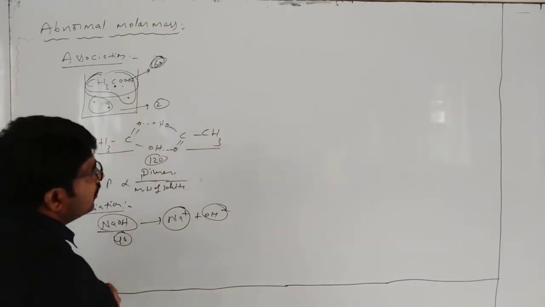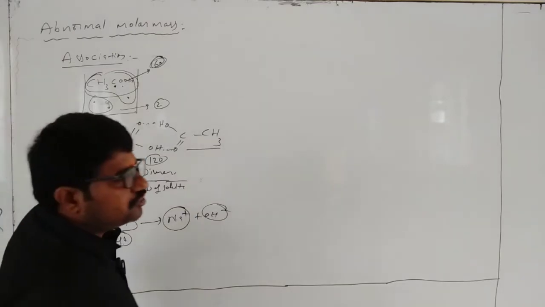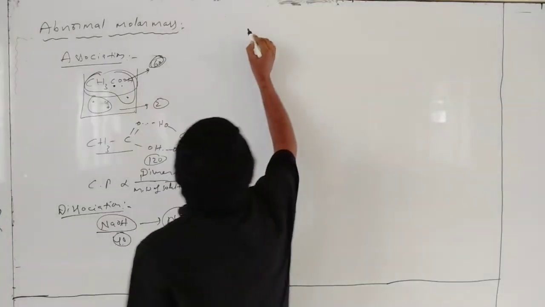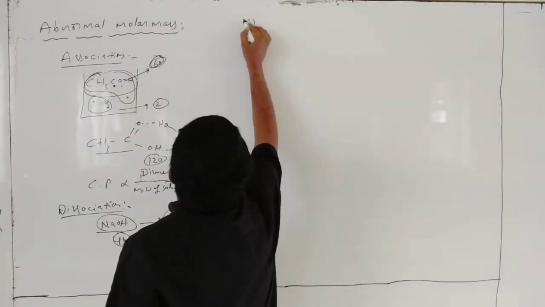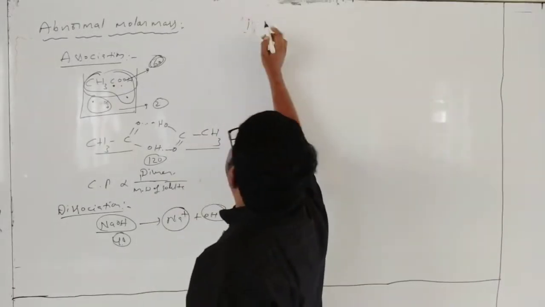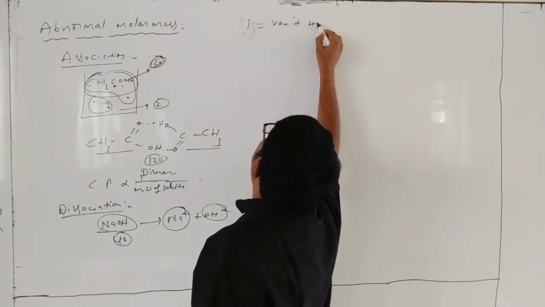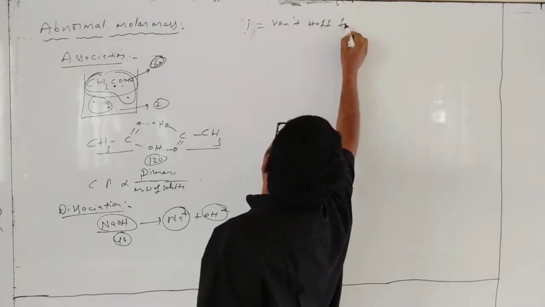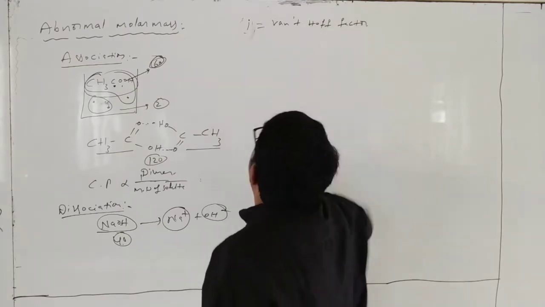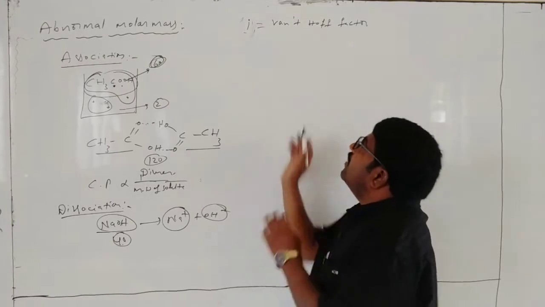This abnormal molar mass is explained based on the Van 't Hoff factor. Van 't Hoff introduced i, which is called the Van 't Hoff factor.